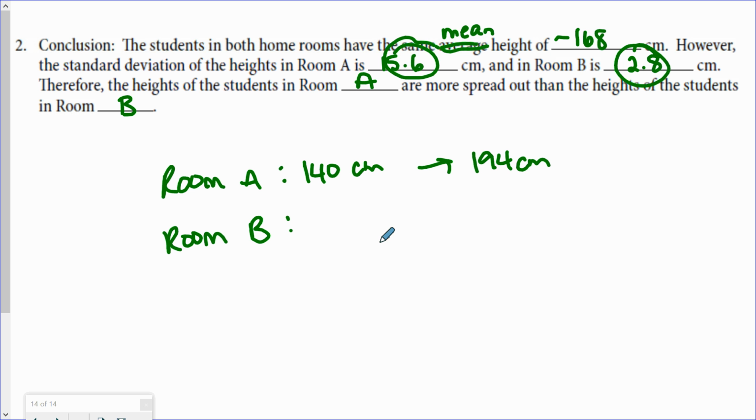Whereas with room B, the shortest is 163 centimeters, and the tallest is 171, I believe. Oh, 172. If I missed one here or there, oh well. But you can see that these students are probably pretty close in height, less than 10 centimeters different, whereas we've got more than 50 centimeters difference from your shortest individual to your tallest here. So this is much more spread out.